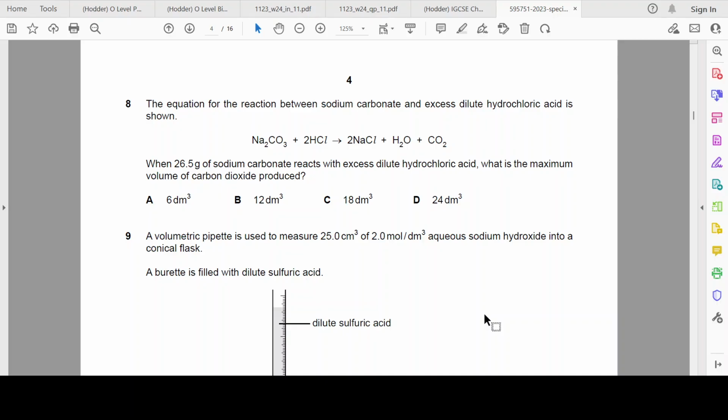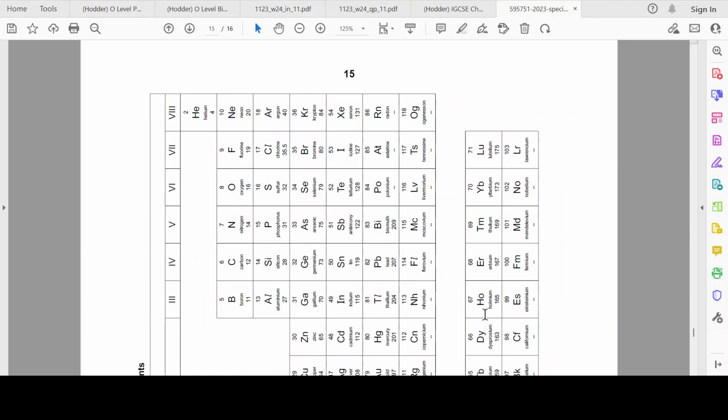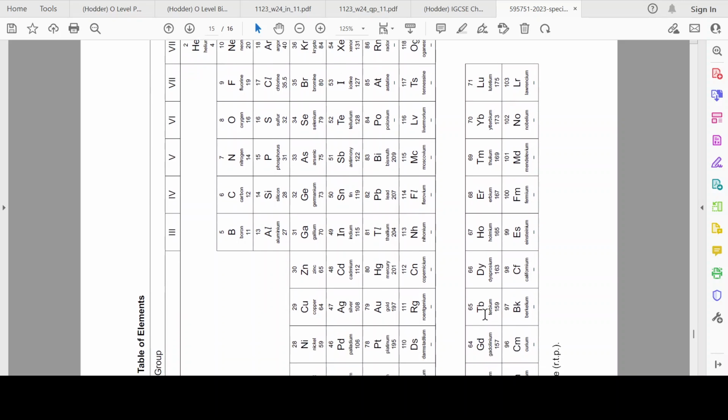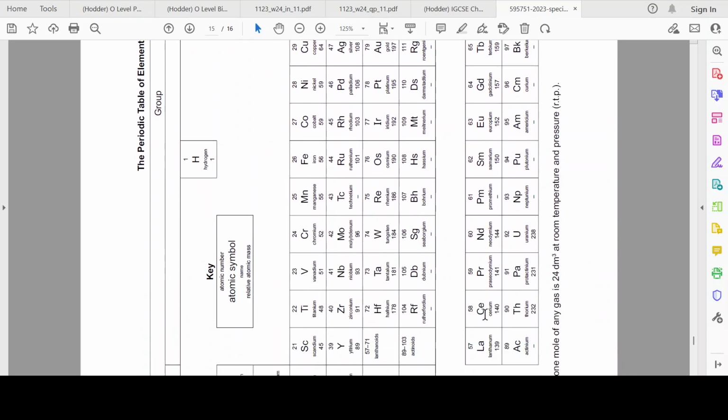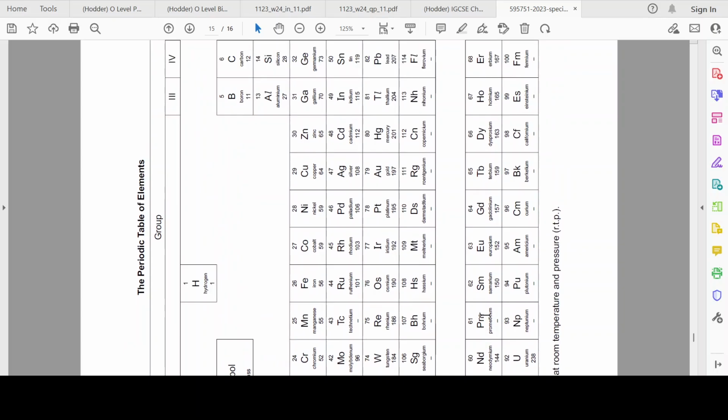Next step is you get the relative molecular mass of sodium carbonate. Going to the periodic table, you take the values as they've given. Sodium is 23, and it's Na2CO3, so you want to do 23 times 2, plus what do we have for carbon? 12.